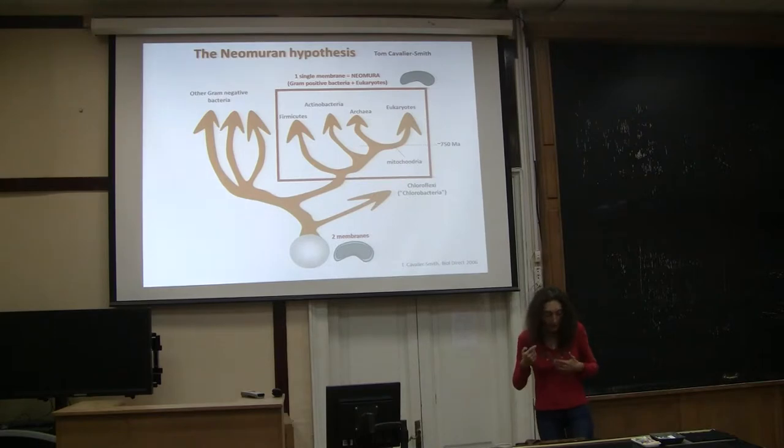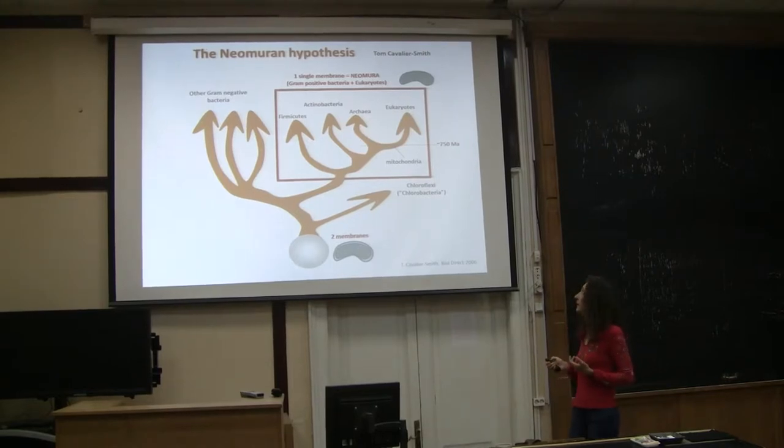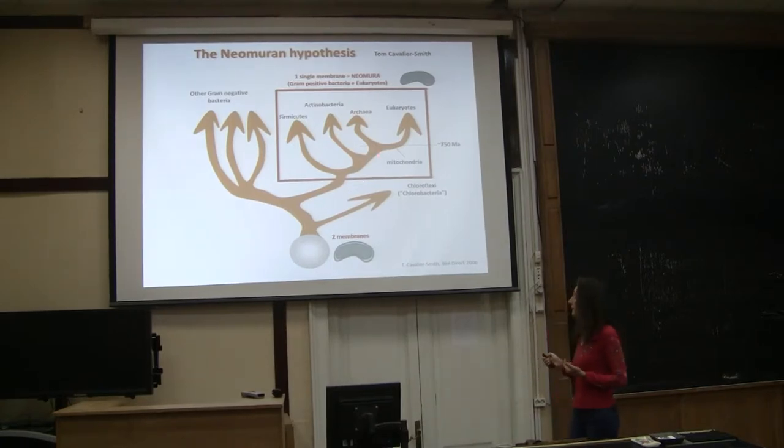A variant of this idea is the model proposed by Tom Cavalier-Smith, the Neomuran hypothesis, in the sense that he proposes that eukaryotes derive from an independent proto-eukaryotic lineage that was sister to the Archaea, and that acquired mitochondria from a gram-negative bacterium by endosymbiosis quite recently.